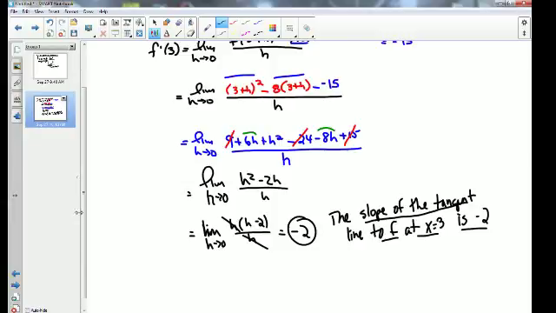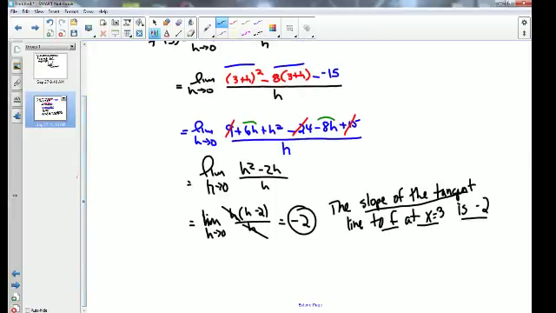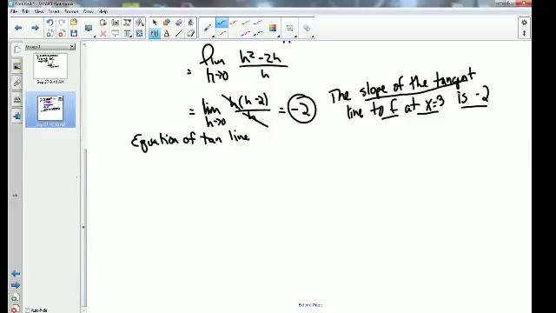All right. What is the equation of the tangent line? We like to work in point slope, right? The slope is negative 2. We just need our point. The x value is 3.